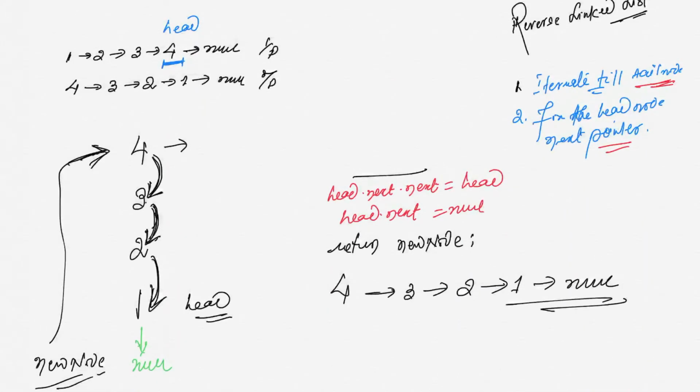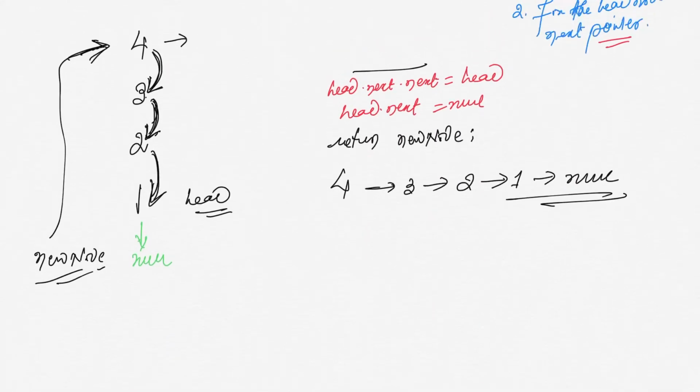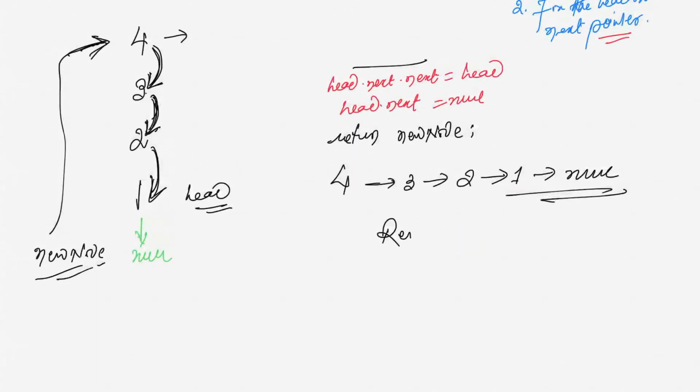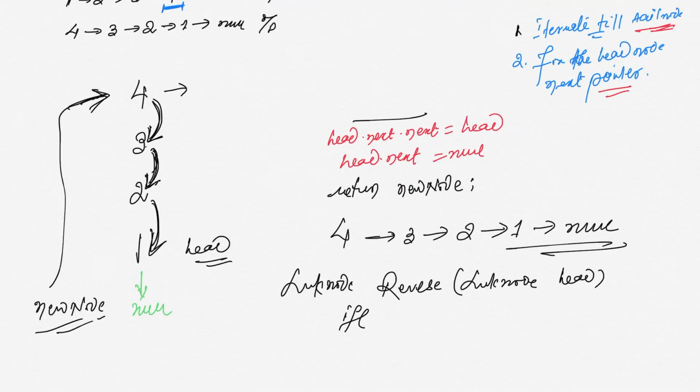Okay, so if you are writing the code, you have been given one ListNode head. Then, if head is null or head dot next is null, return head.